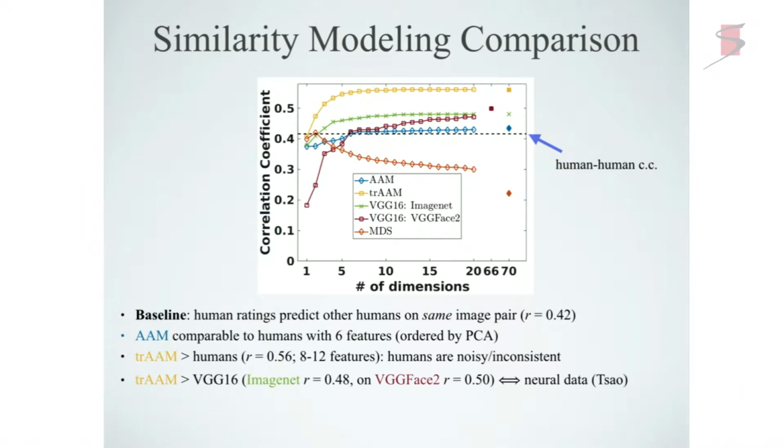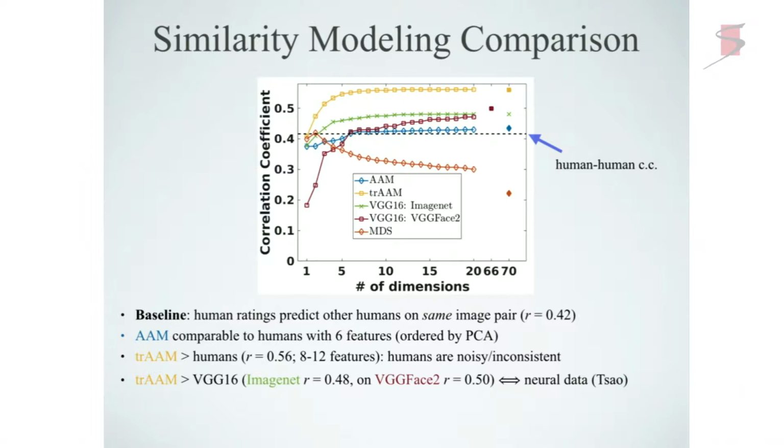And notably, it's also much better than VGG16, which is a deep neural net trained on both ImageNet, which is object recognition, and trained on VGGFace2, which is face recognition. So this is consonant with findings from Doris Tsao's lab.